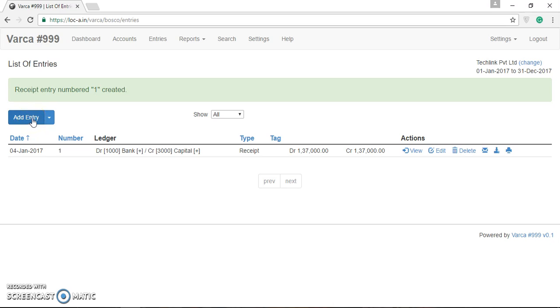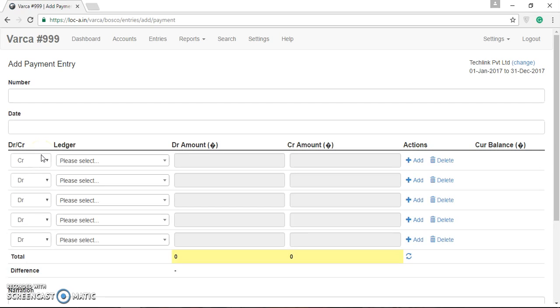Now my second entry would be, let us say we have purchased something, so go to payment. Again please note this is just a vague chart of accounts and the details. This is just for the demo and to understand the functions.